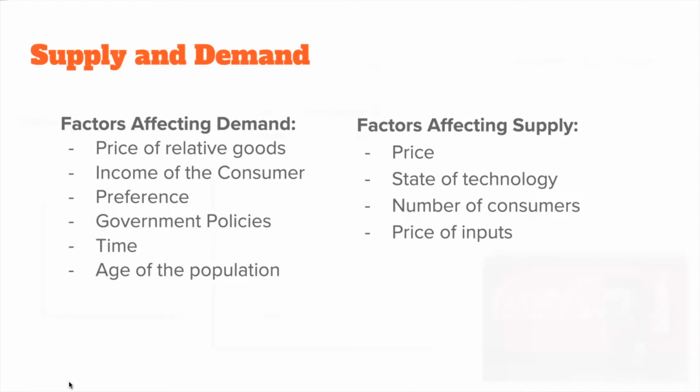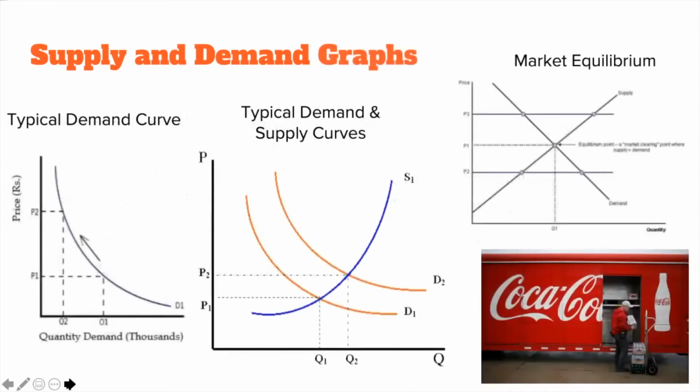And then on the next slide, you have a typical demand curve and then a typical supply curve in the middle. And then on the right side, a typical supply and demand curve. And then on the very right, you've got your end goal of market equilibrium, which is where your supply is equal to your demand.